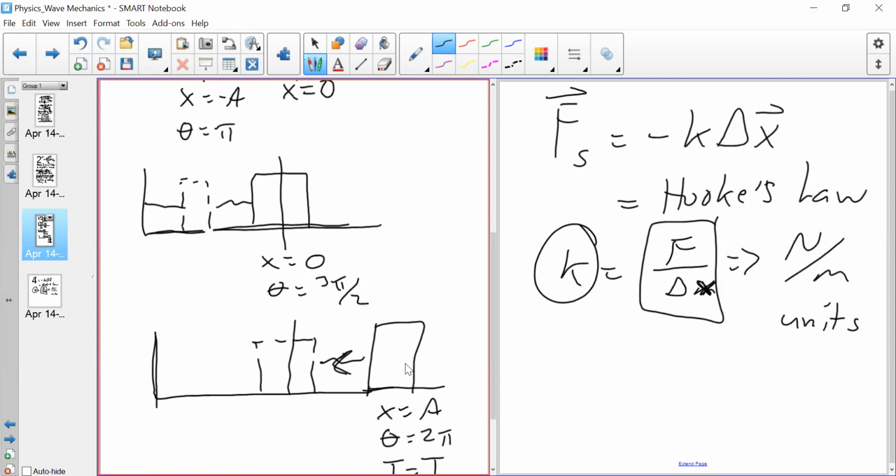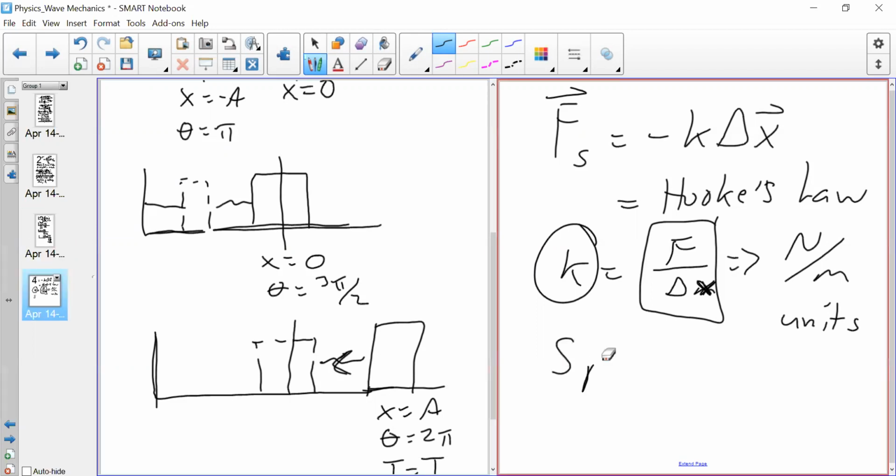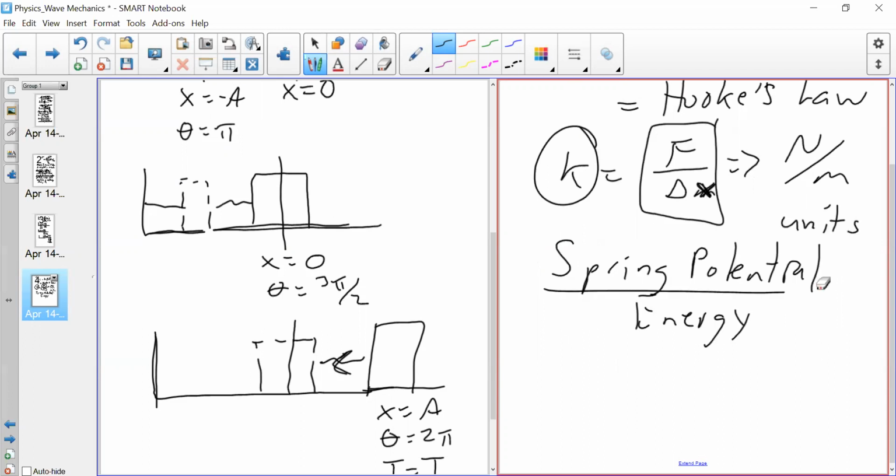Because for a moment at the edge, the object does not move. Just like when we throw a ball in the air, for an instant at the top, its apex, it doesn't move, and then it comes back down. But it's instantaneous. So spring potential energy works like that.